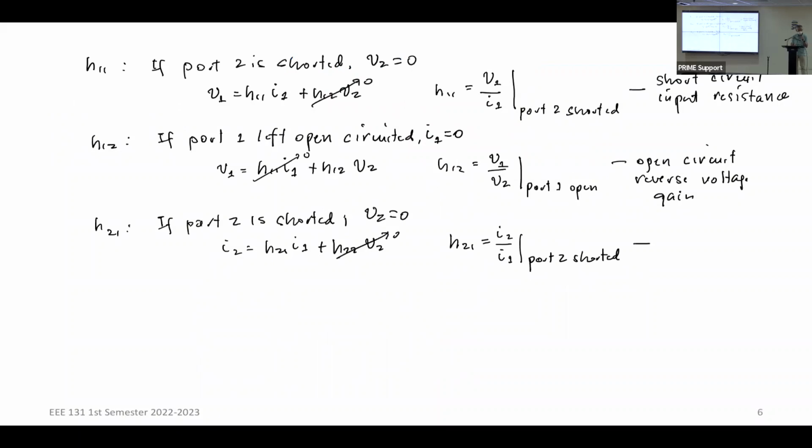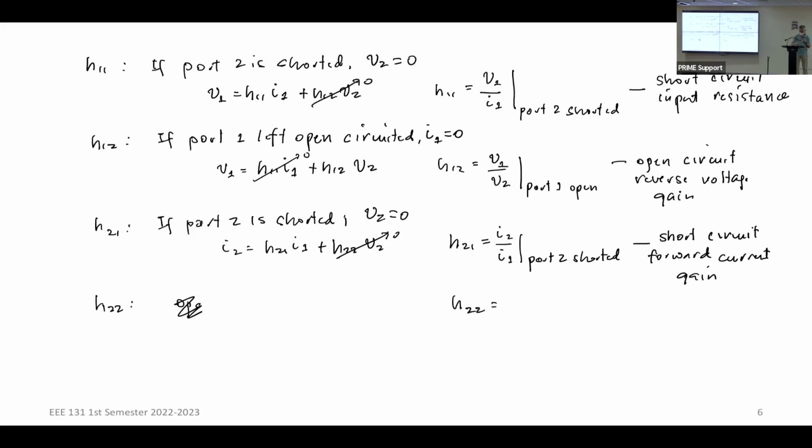Okay, and you probably can guess what the name is going to be. No? This is your short circuit forward current gain. Let's just shortcut the H22. No? H22 is going to be called your open circuit output conductance.